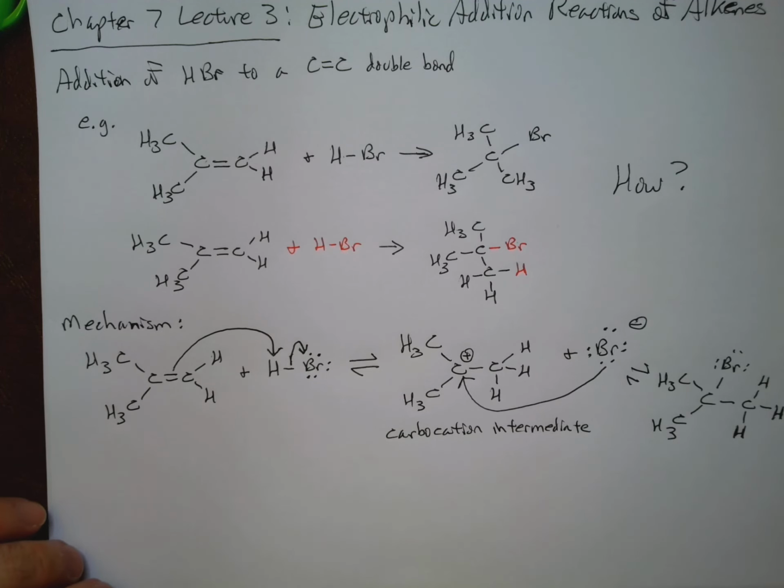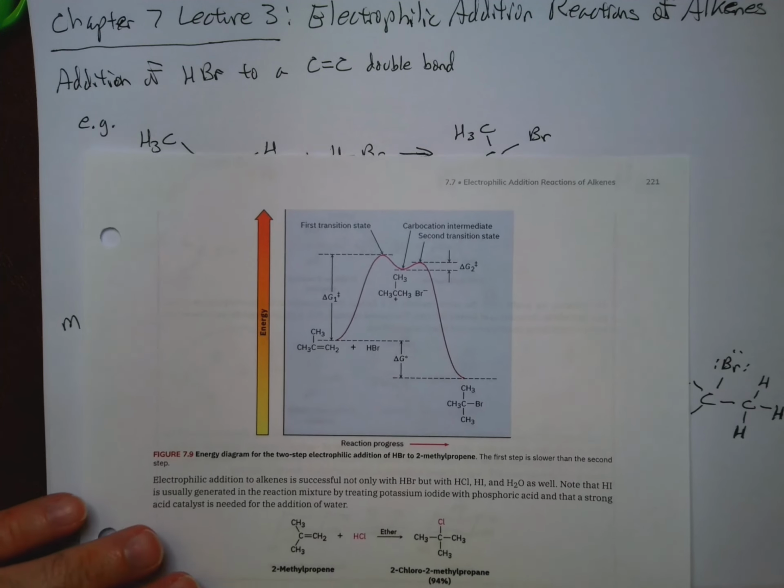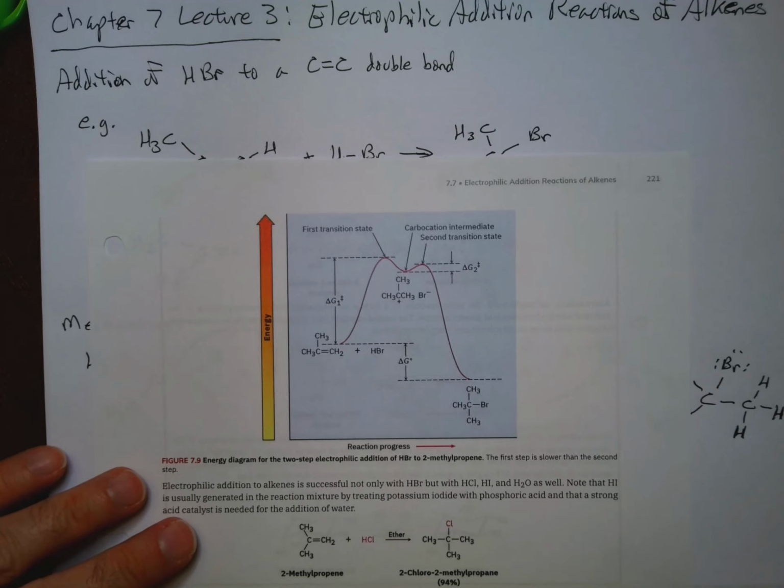It turns out that you can't conclusively prove 100% that a particular mechanism is the correct mechanism. You can do 99.99%. You can disprove a mechanism, but your mechanism should be consistent with data.